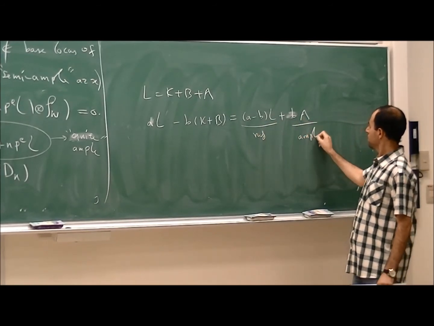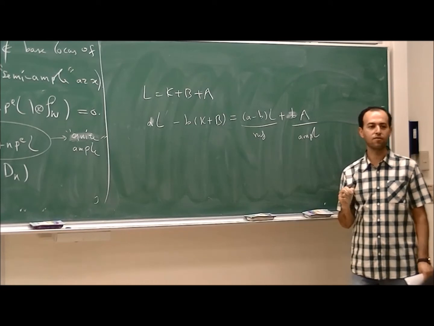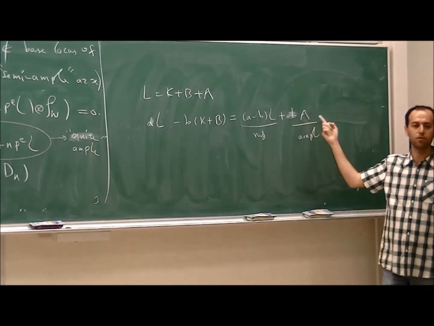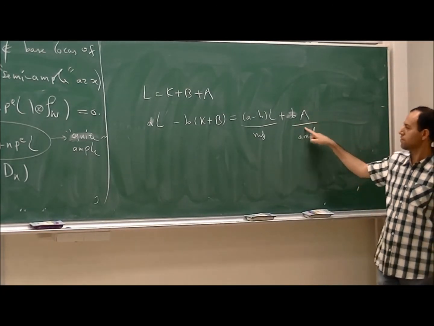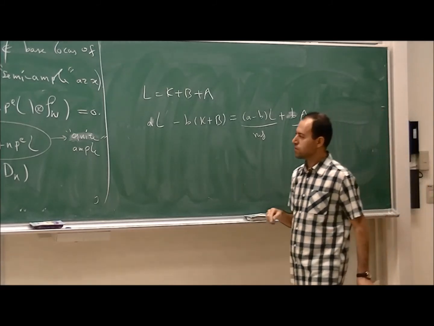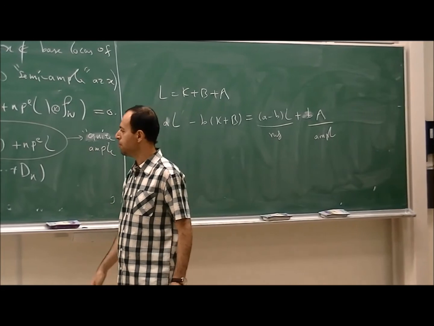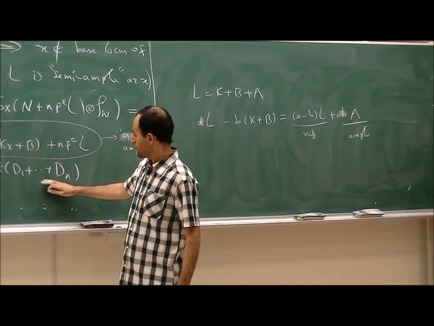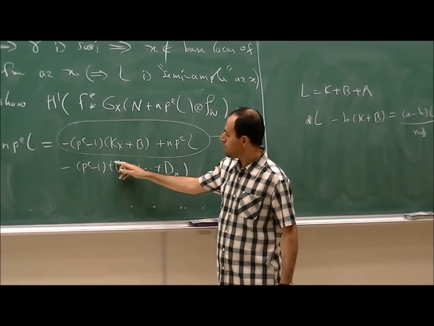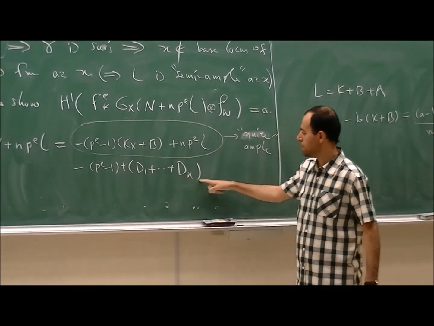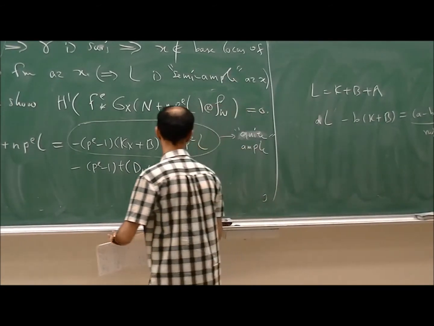This is ample. Now, if the B is large enough, it will in fact be very ample. It will give you a lot of positivity here. So that's why I'm saying that this is quite ample. In fact, it's very, very ample. And so the only thing to note is that this divisor here does not cause problems.